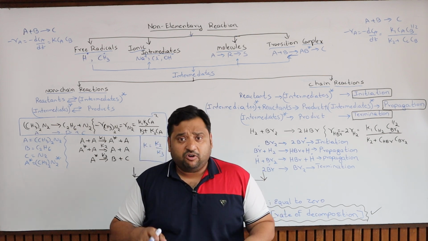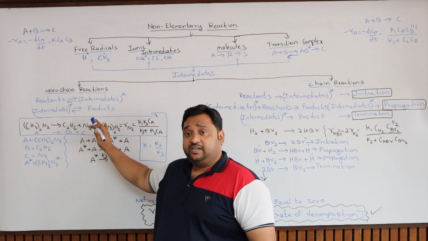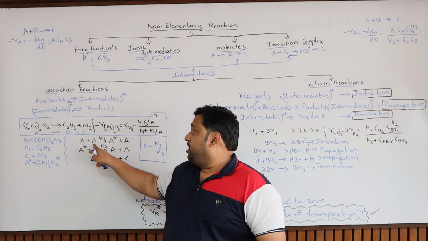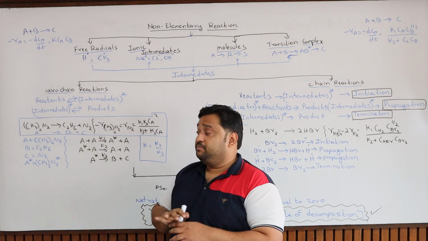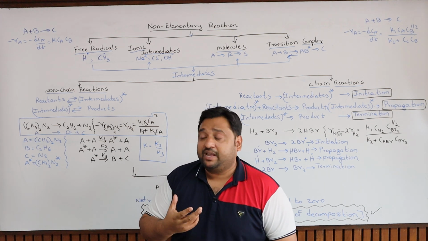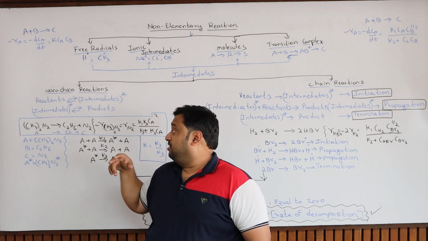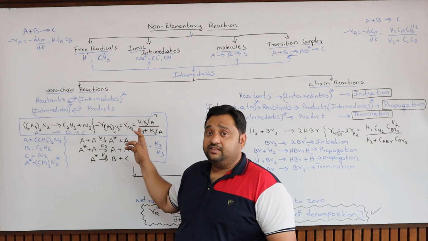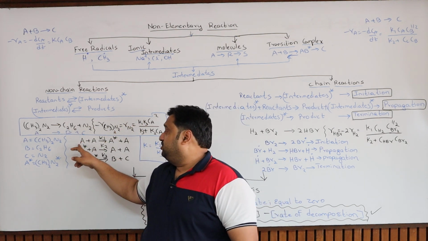Initially, in non-chain mechanisms, how do people assume the mechanism? Whenever there is no match between the stoichiometry and the rate of reaction, first they assume some reaction.